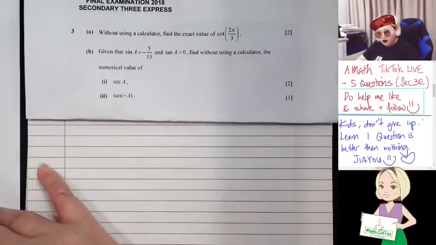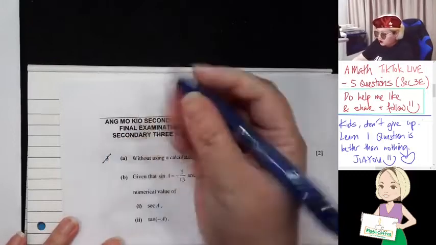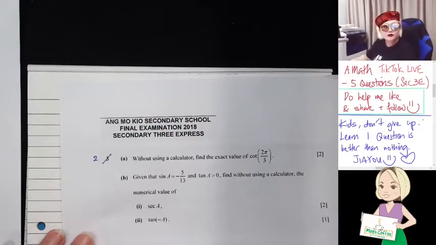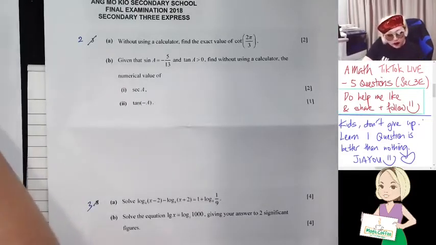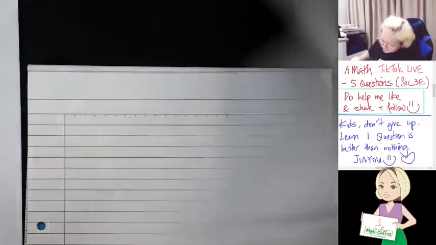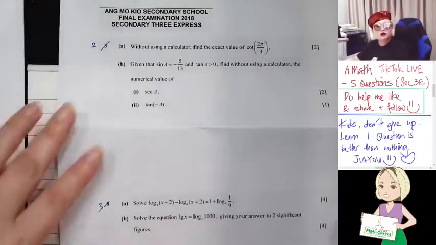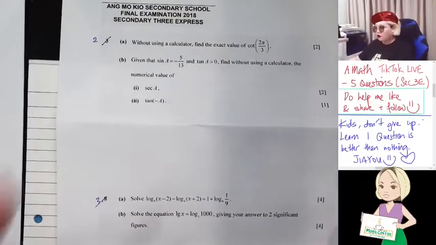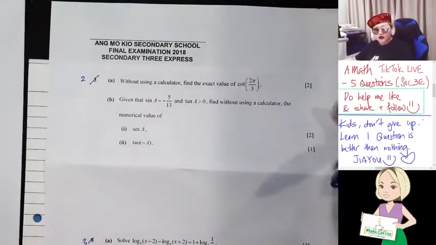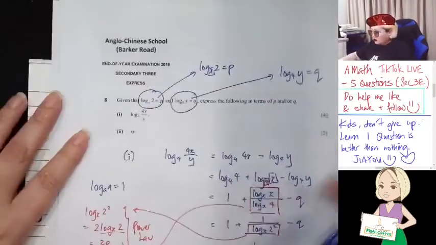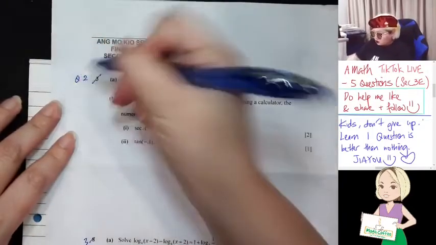Shall I label this as, this is 3. I will change the question numbers. This is number 2. This is number 3. I change it so that the sequence is correct and makes sense. So that later when Sam puts it under the Telegram channel, it will be like a flow, lah. So Sam, this one you just put as extra question. Then this is question number 2. Just now the logarithm one is question number 1. This is question number 1. This is question number 2. This is question number 3.